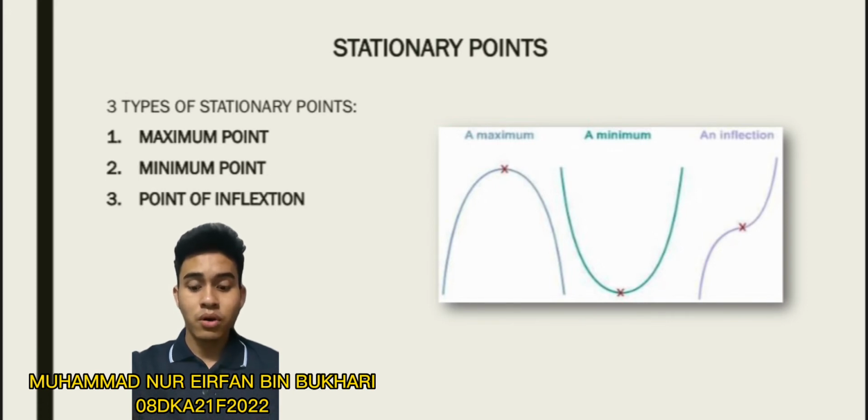A maximum point is located at the top of the curve, while a minimum point is at the bottom of the curve. Last is inflection point. If f'(x) is equal to 0, then the point is a stationary point of inflection.